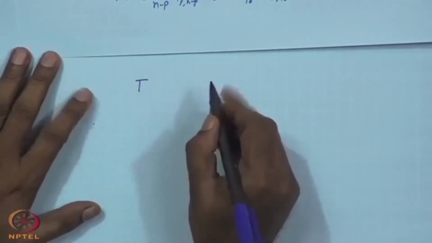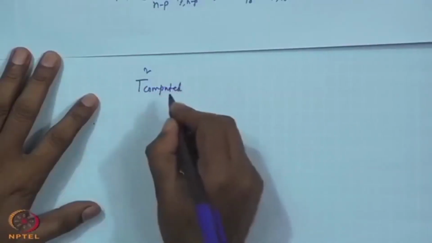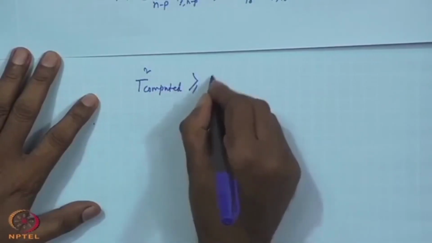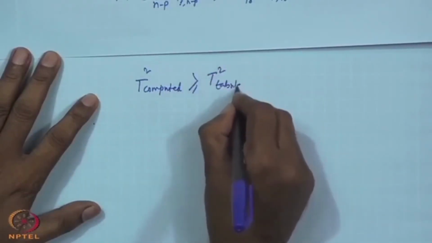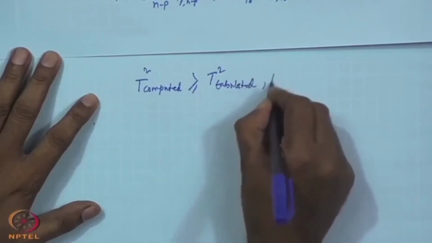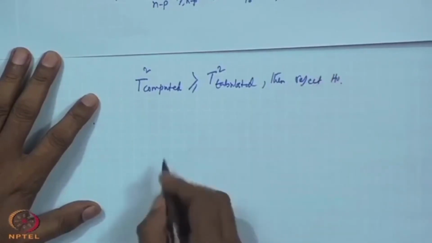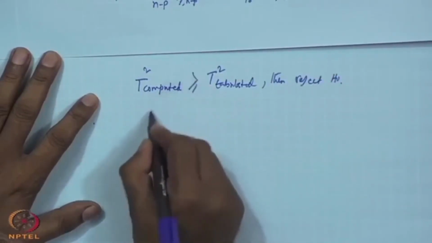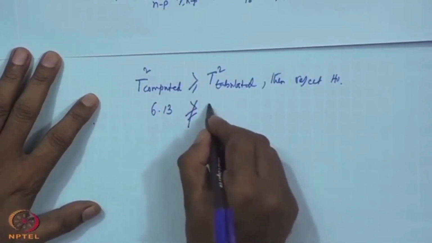If t square computed is greater than or equal to t square tabulated, then reject H0. So, our computed one is 6.13, is it greater than or equal to 7.51?